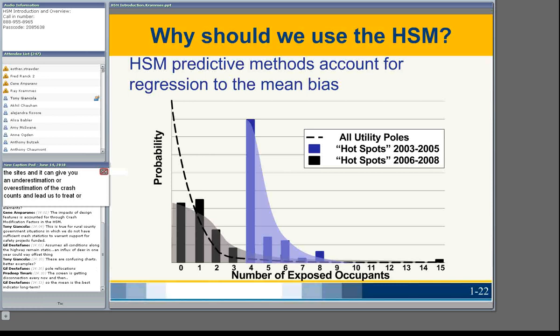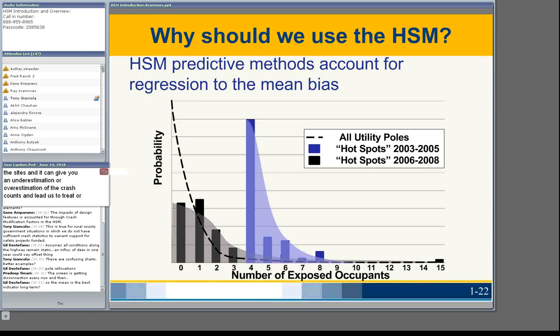That concludes my presentation. In summary, what I've tried to do is explain why we should consider using the Highway Safety Manual. First, that we need quantitative estimates, and that the more reliable the estimates we have, the more consistently safety cost effective will be the decisions that we make.